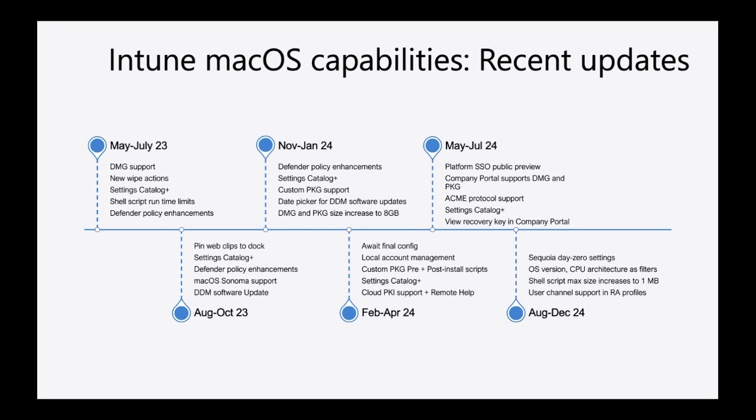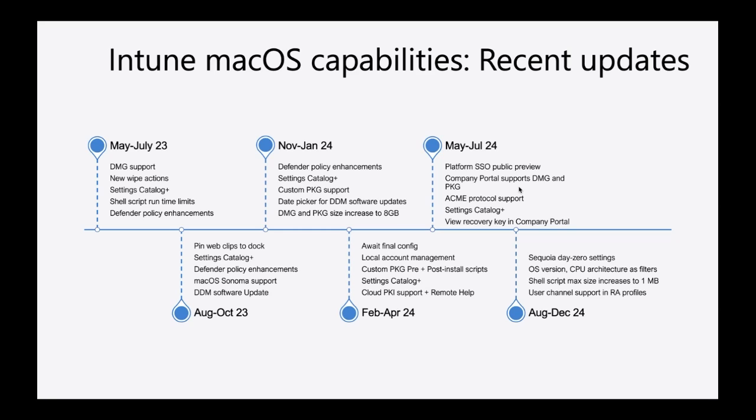And then DDM and also DDM software update was available in the summer and fall, Q3 of 23, where it has been a game changer for our end users. Imagine that your end user doesn't need to ask you as an admin when their software can be updated, versus I will check by myself, because DDM can do it.